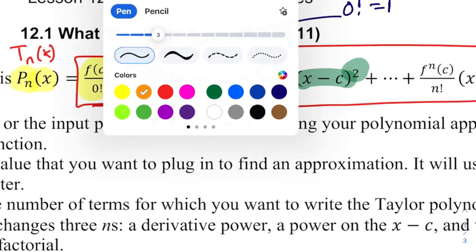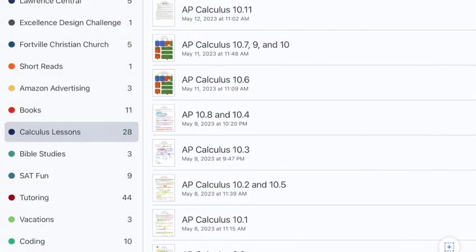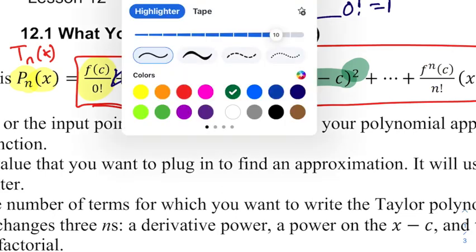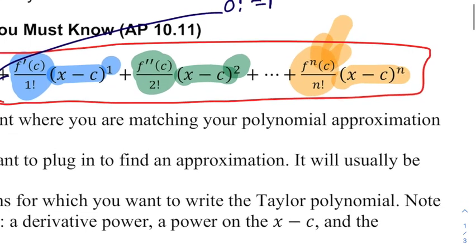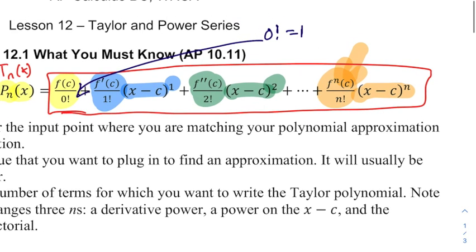However many terms you're asked to find for a Taylor polynomial, you are going to find the derivative of that number of terms, that degree, whatever degree you're asked to find, divided by that number factorial, all taken at the center, and then times x minus the center to the n power, whatever degree you're asked to go to.